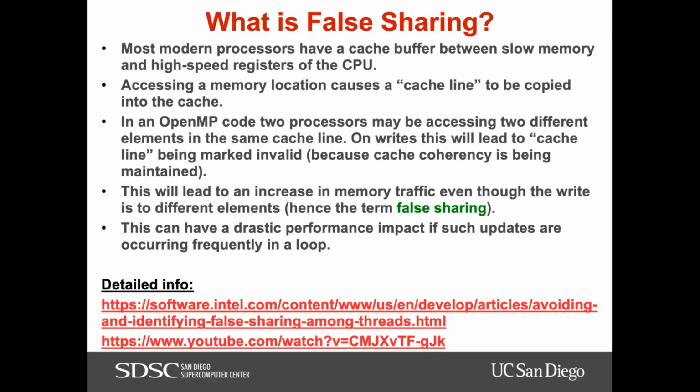So what is false sharing? A lot of the modern processors have cache buffers between the slow memory and the high-speed registers of the CPU. You saw that in the architecture for the CPU, right? Now, when you access a memory location, it doesn't just load the one memory location. It causes a cache line to be copied into the cache.